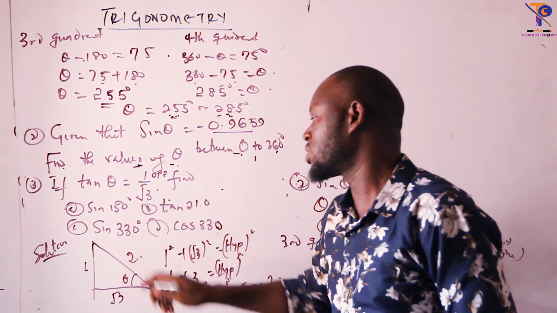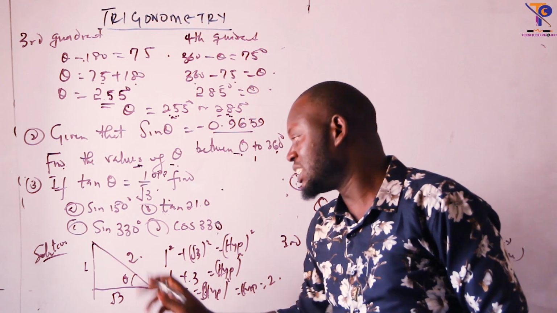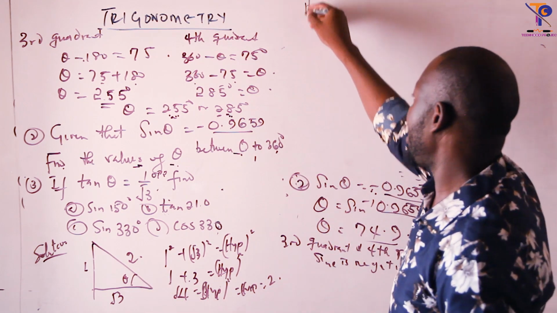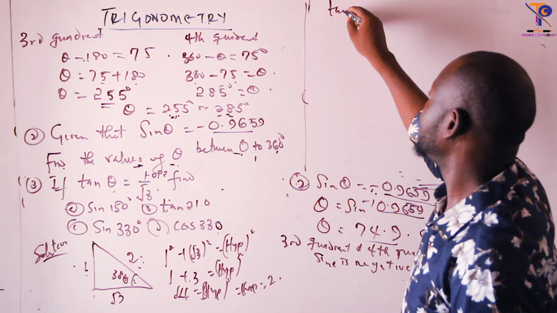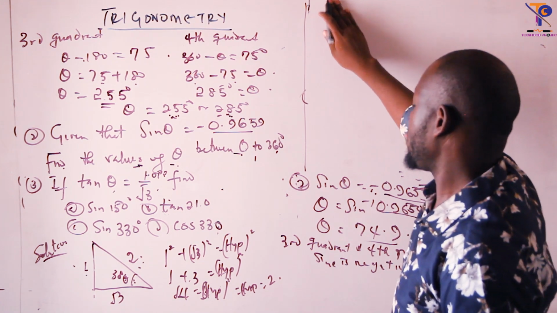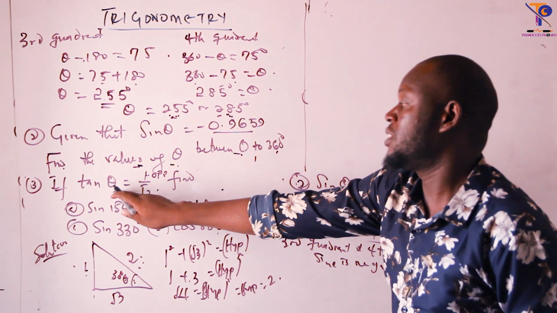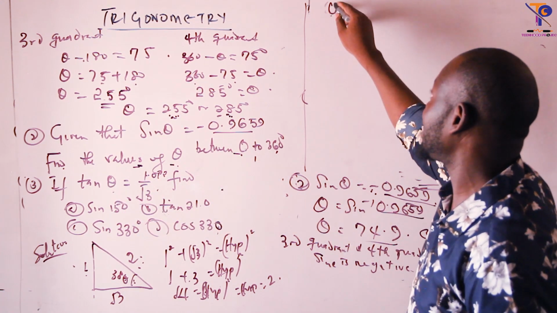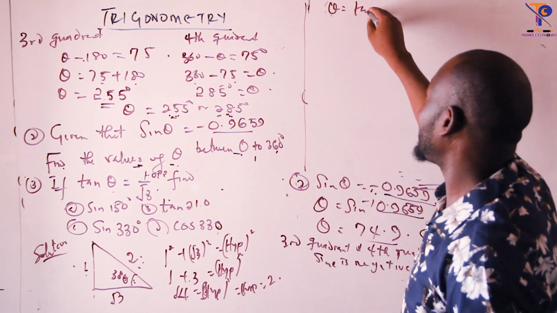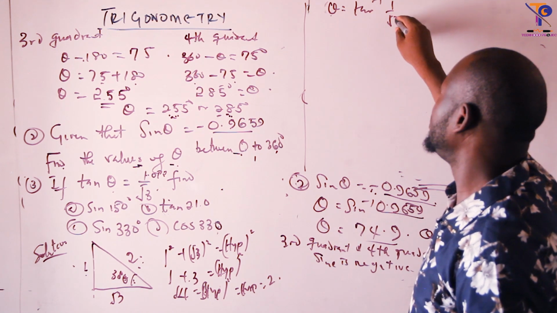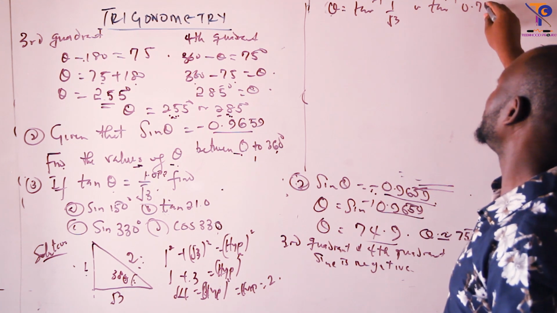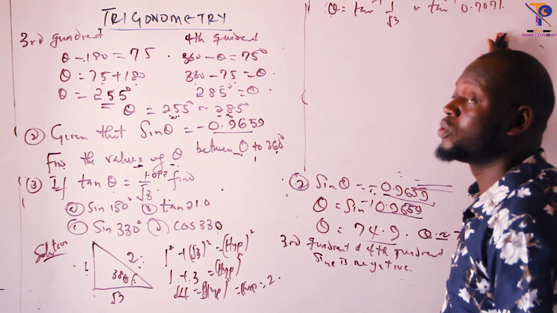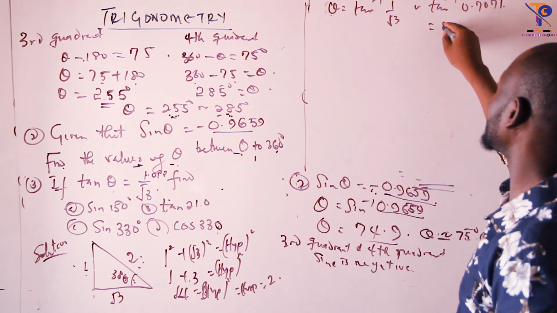So if this is 2, then we can find the solution to our work. Before that, we can check our theta. Our theta will now be arctan 1/√3 or arctan 0.7071, which will definitely give you 30 degrees.